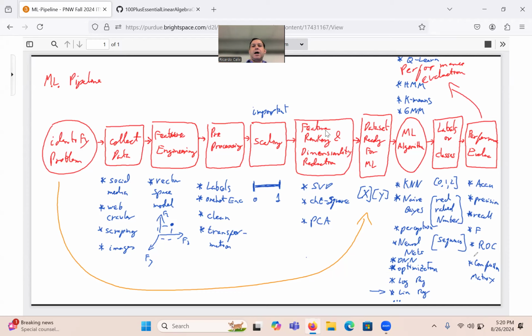All right, then other steps that you can do, or sometimes you don't have to do, are feature ranking and dimensionality reduction. These were very popular techniques in the past. It used to be that because we had limited computing power, we really wanted to compress our data. That used to be the standard practice. But nowadays, computers are so powerful that it's better just to give it everything. That's kind of the intuition.